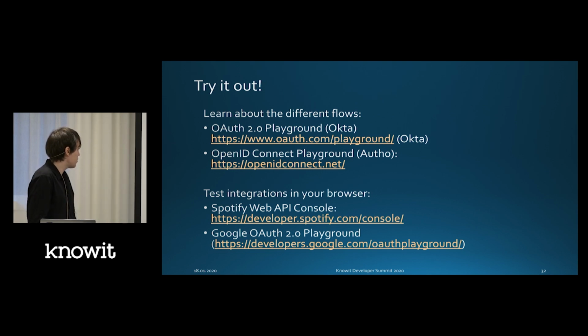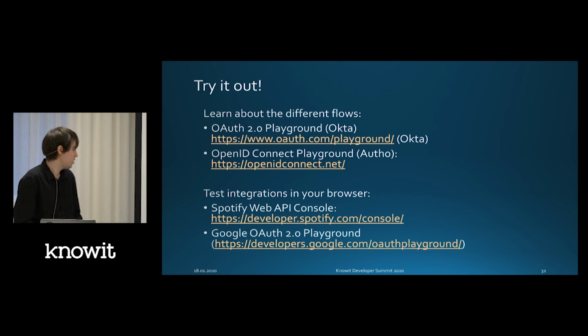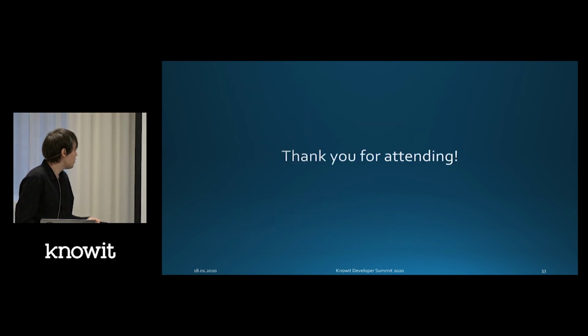So check out those URLs. Spotify and Google also have playgrounds or web consoles where you can try the flow in the browser. That's usually an implicit flow though, just keep that in mind, so be a bit careful with that. But you can test it out without needing a full application.